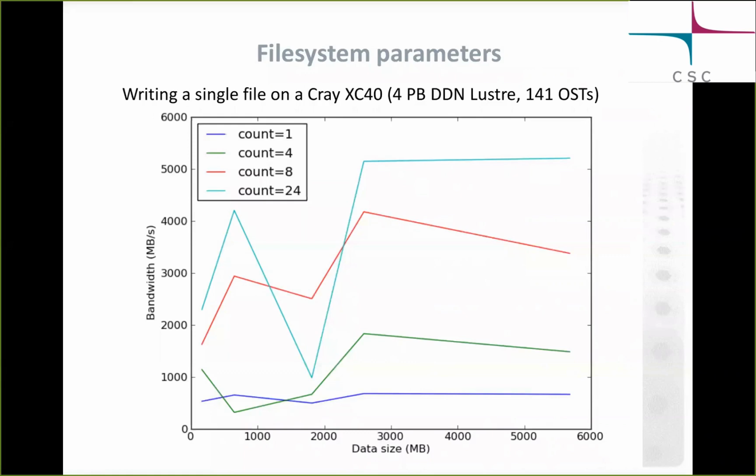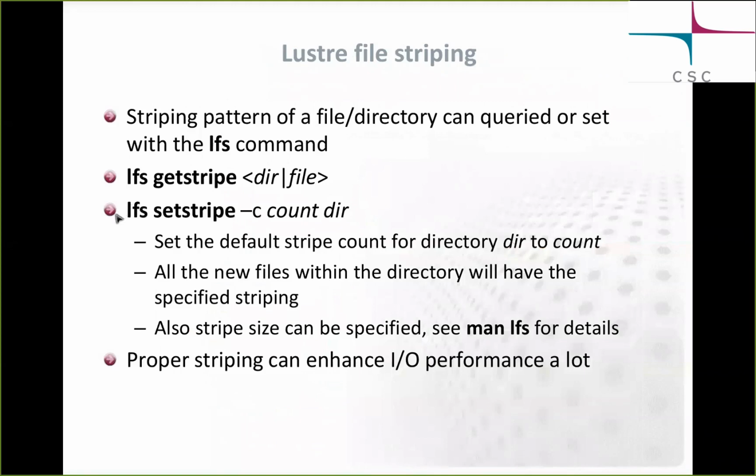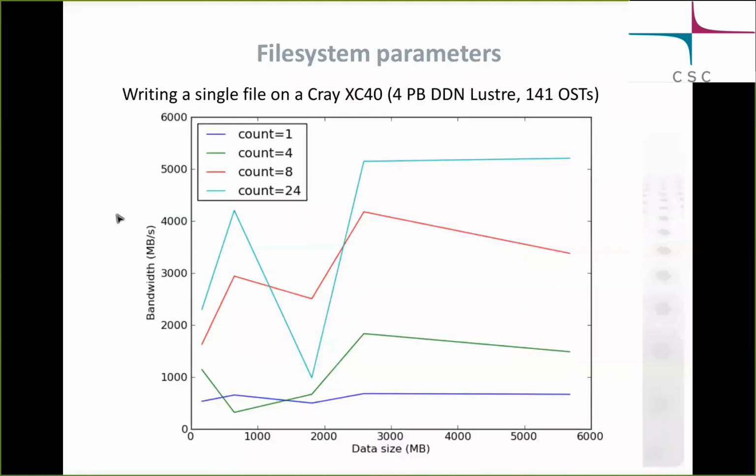Again, there's no very solid rule of thumb here, as it depends so much on the file sizes, number of writers, and the number of files being written at the same time that it needs to be experimented with a bit. But the take-home message is that the Lustre striping set by this LFS command has a huge impact on the I/O performance. And in many cases, the I/O performance is immediately visible in the overall performance.